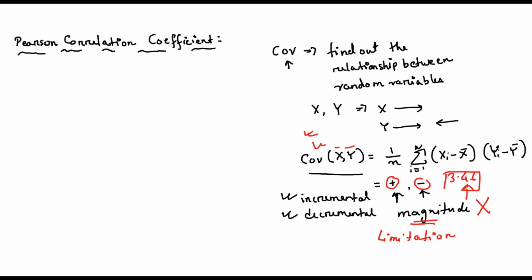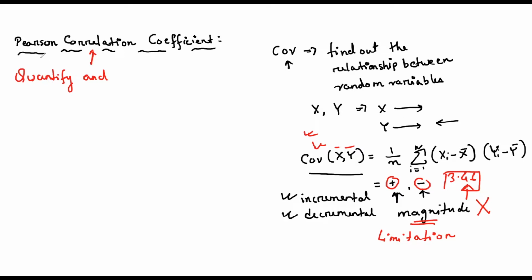Now let me tell you how we calculate Pearson correlation coefficient. So you know why we need it? Basically to quantify. When we say quantify, it means if x increases, does y increase or not, or if x decreases, does y increase or not. That is called quantification.